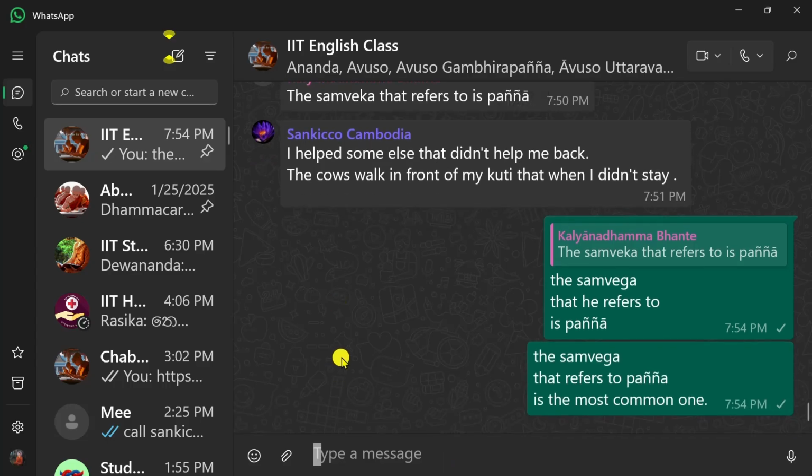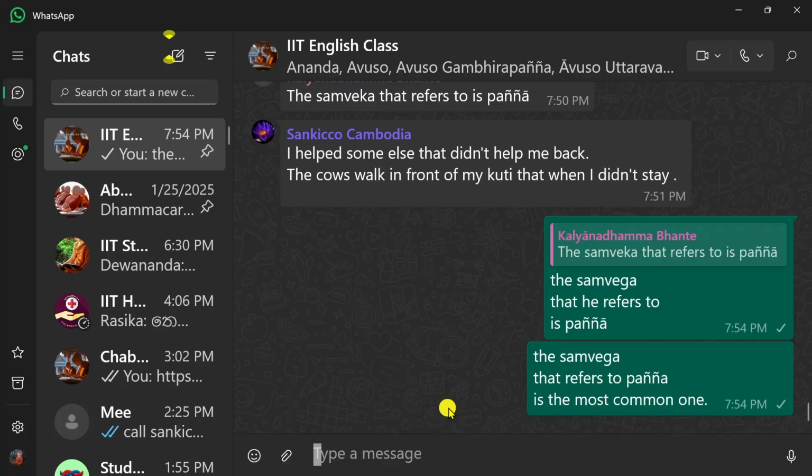It refers to, can we put the comma or not? No comma. It's a defining relative clause with that, no comma. Can you stress it? The São Vega that is referred to as Panya, but then you have to continue the main clause.